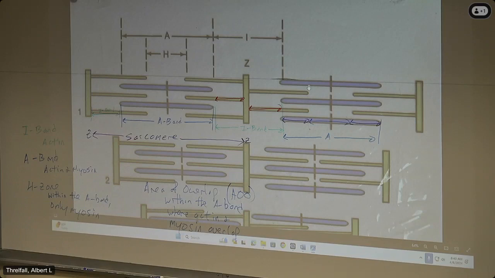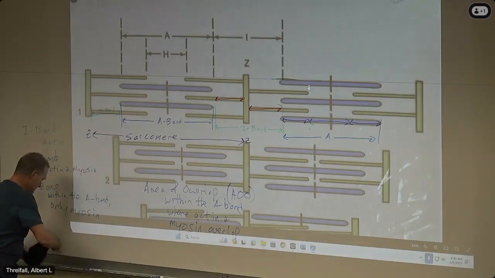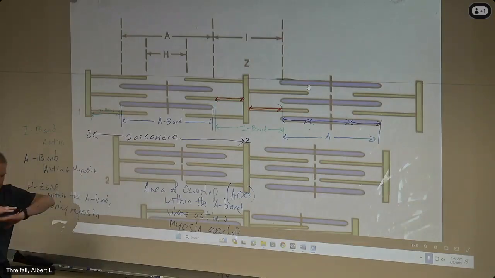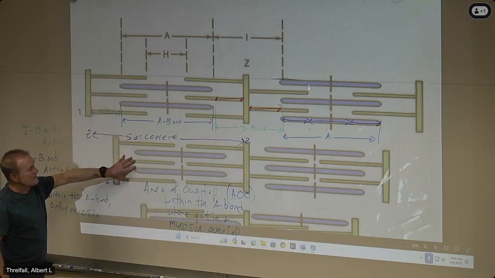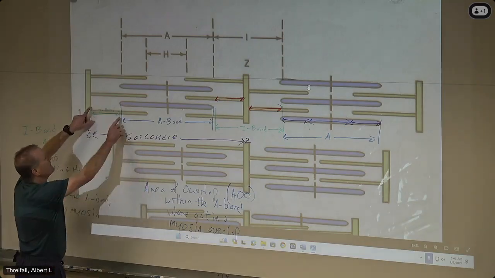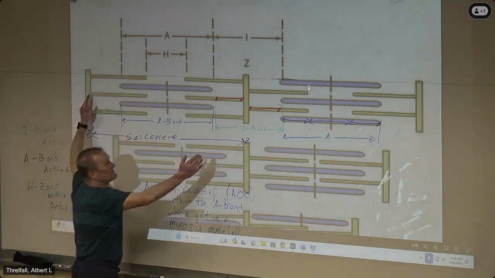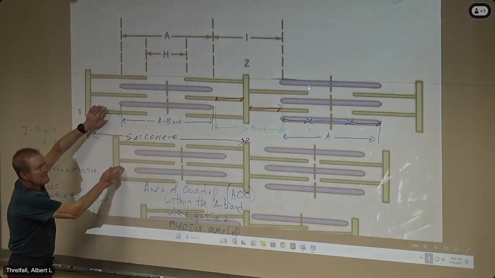Now remember, the sarcomeres are the functional units, the contractile units. The sarcomeres shorten. Actin and myosin slide on each other. Again, like this. We can see that if we compare the top picture to the middle picture. If these two Z lines have moved in, then the I band is narrower.